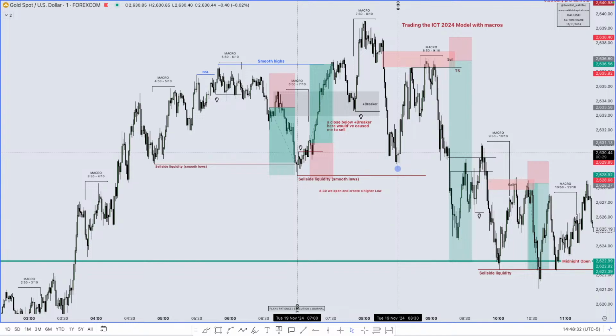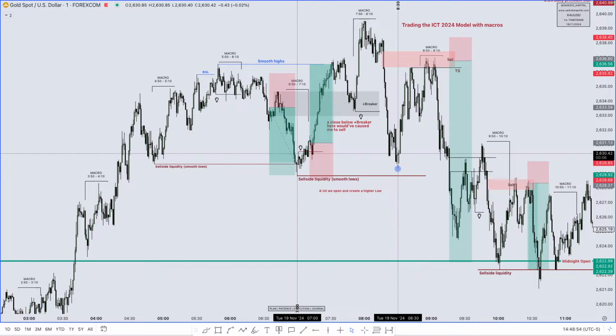The goal is to understand what market structure is, and then understand what the draw on liquidity is at the right time of the day. So you are looking for market structure shifts inside the macros, and then you identify the draw, smooth lows, smooth highs. The market is most likely going there, and I also use the inversion fair value gap.